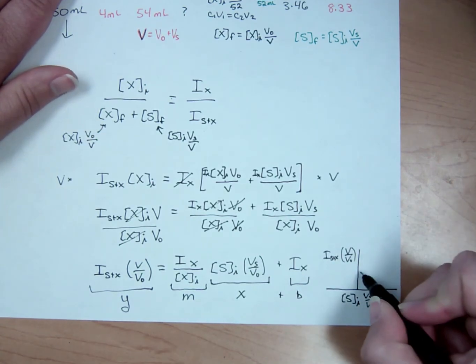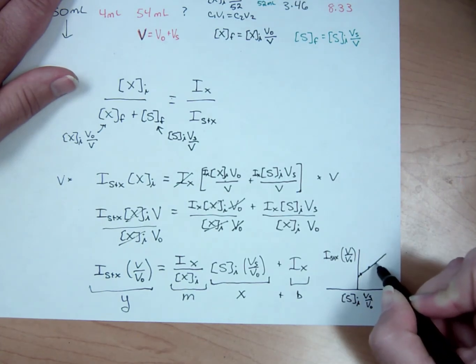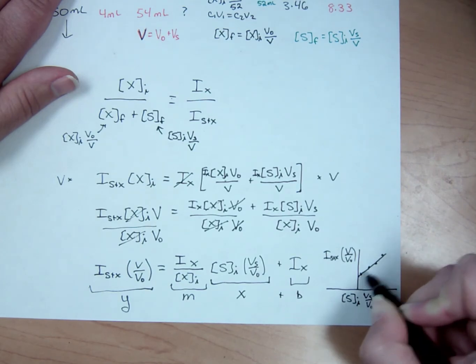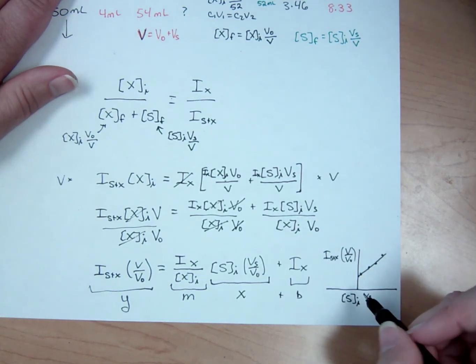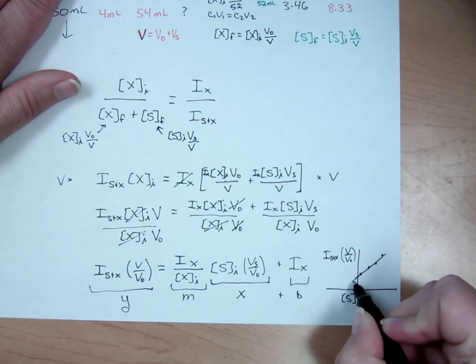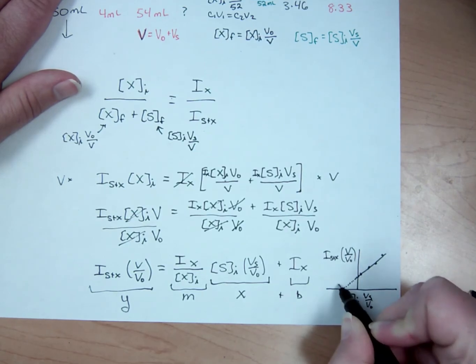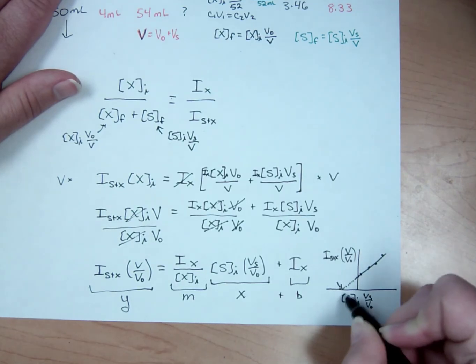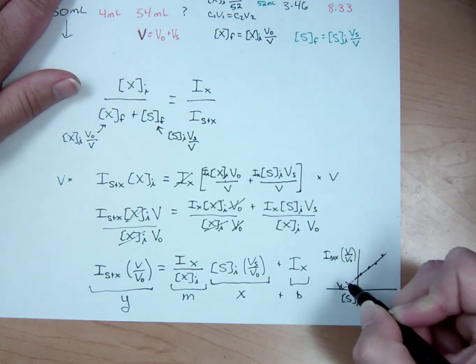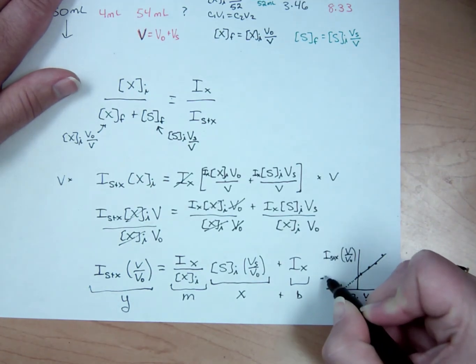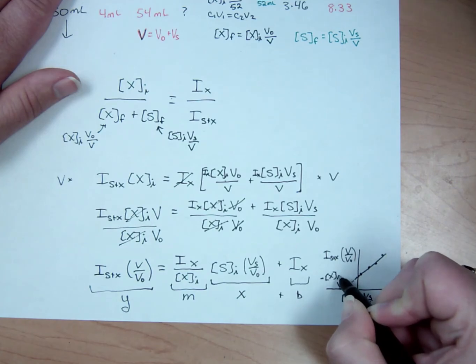We get a line based on our data that might look like this. We do a best fit line here. Now if we use the equation of the line, we can work backwards to predict the x-intercept, and this x-intercept ultimately equals negative X initial.